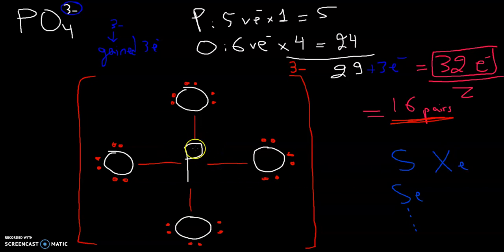You end up having more than 8 valence electrons in the center, and this will be tackled later on. So I hope you understood how to draw Lewis structures, especially the ones that are charged, so the polyatomic anions, and you need to practice how to draw these structures.